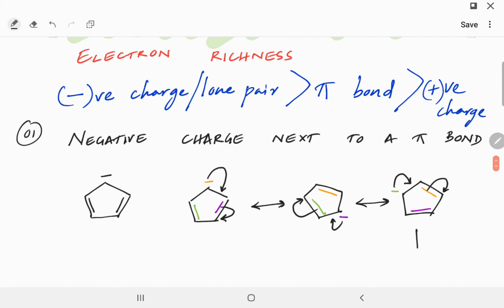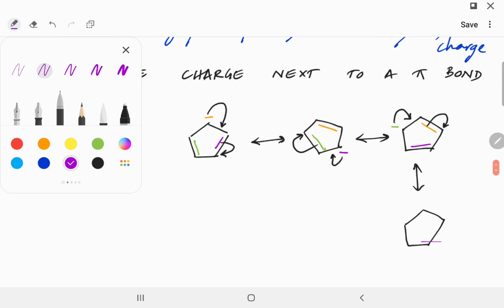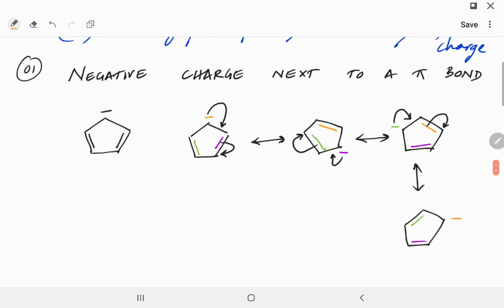If that happens, you will end up with something like this. Here's your pentagon, and the magenta bond is unchanged, we didn't touch that. Your green electrons will make a pi bond, and the orange electrons will be a negative charge. So these are the four resonance structures that I have drawn.